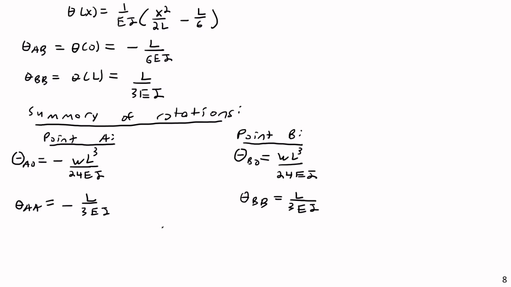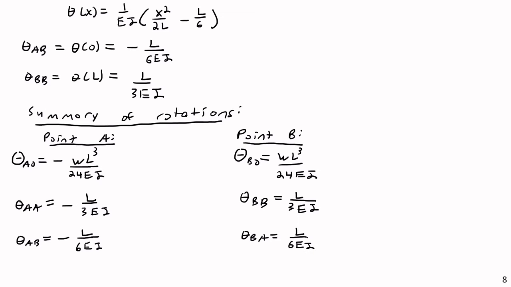Theta AB came to negative L over 6EI, and theta BA came to positive L over 6EI.